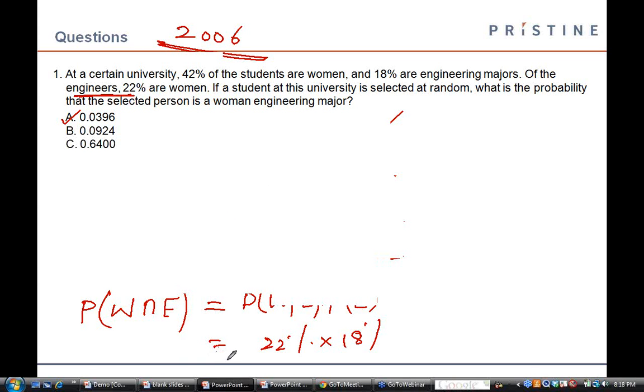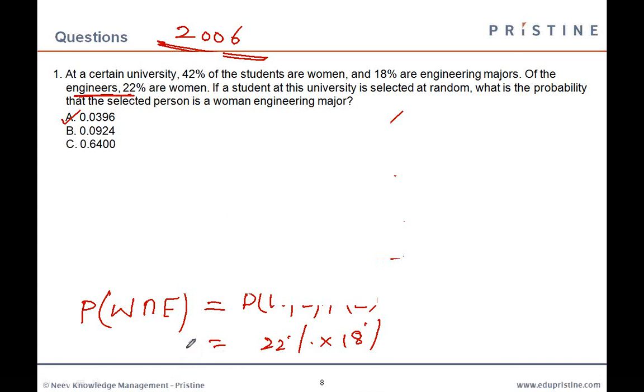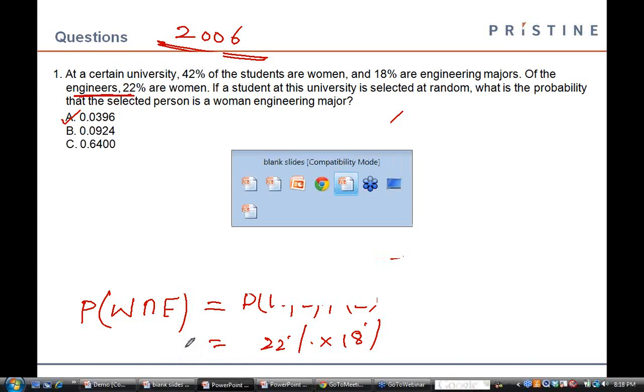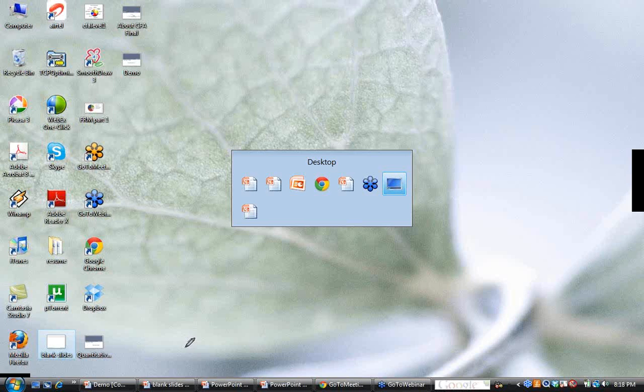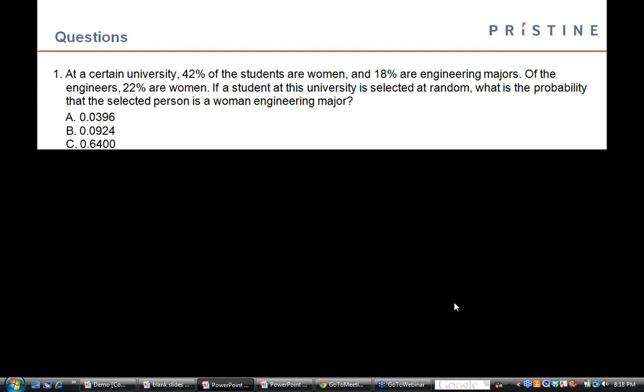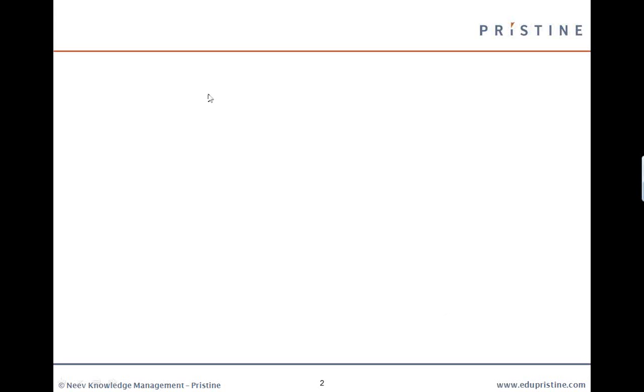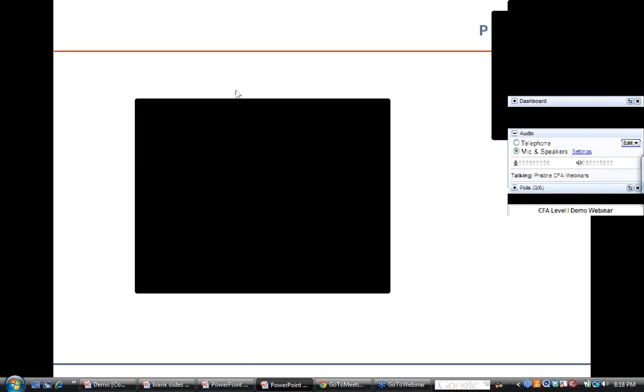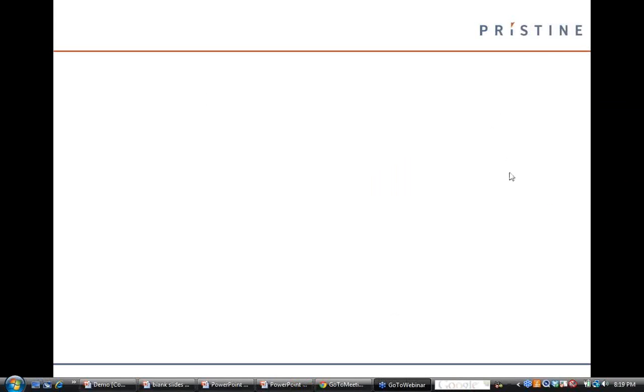Okay. So let me just give you an idea about CFA in particular. So I think all of you by this time know that CFA exam is conducted by a group called CFA Institute. It's an organization.